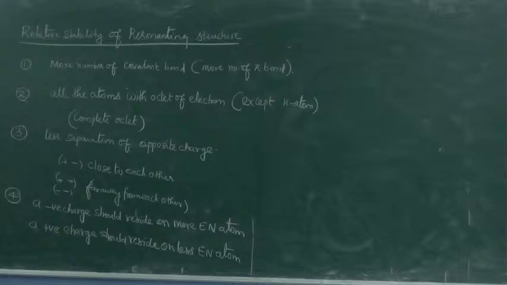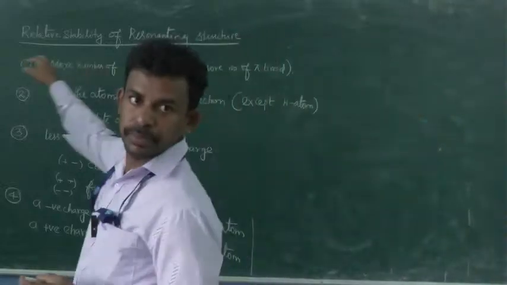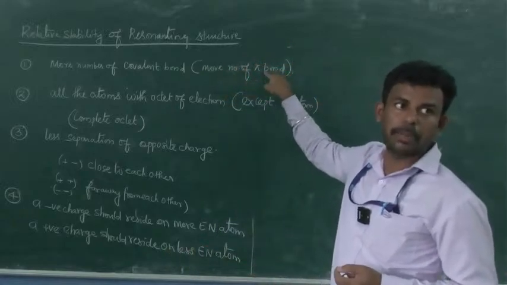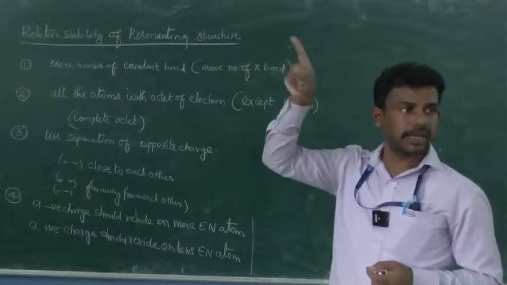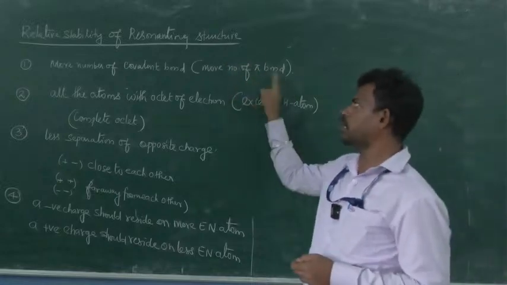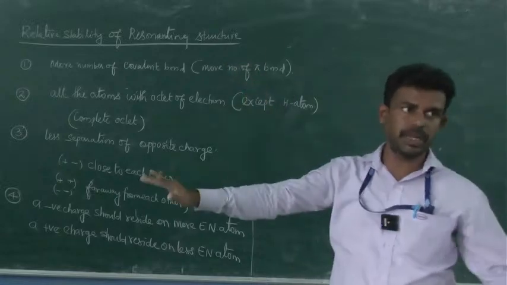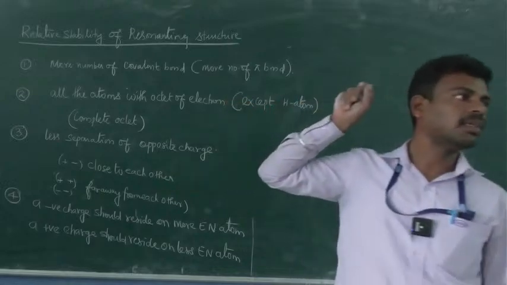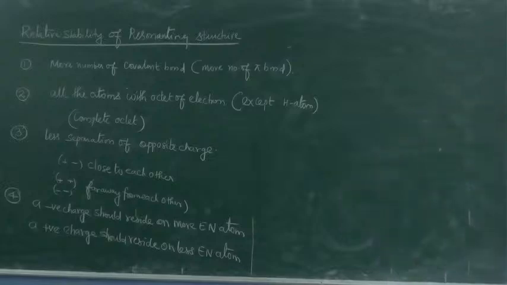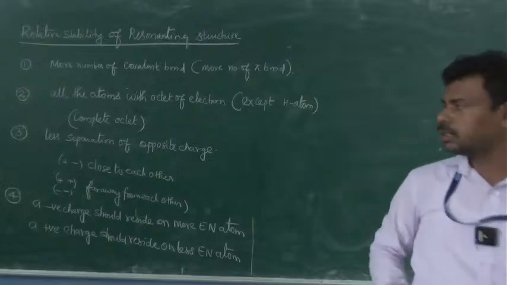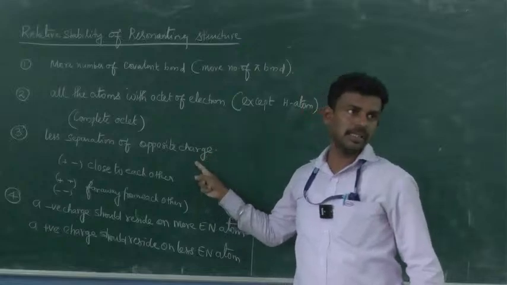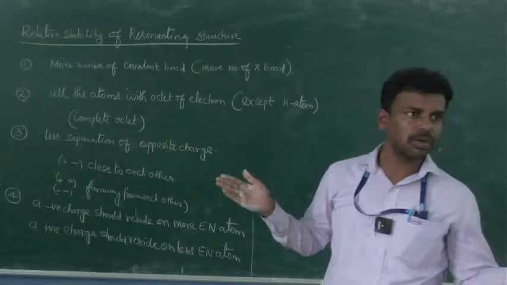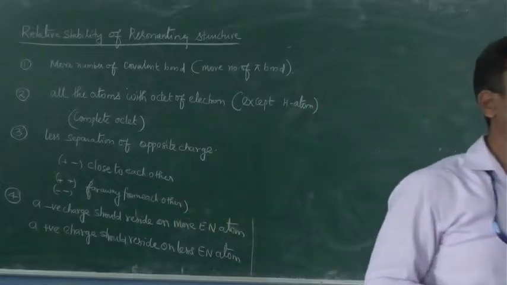This is clear. Examples now. Our rule number 1: the resonating structure with more number of pi bonds is going to be the more stable resonating structure. Second, suppose the number of pi bonds is equal, we have to go for the second rule: all the atoms with complete octet. Suppose octets are complete too, we have to go for charges: like charges far apart, opposite charges closer.